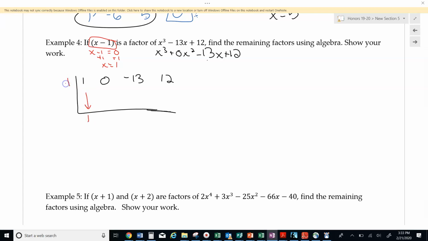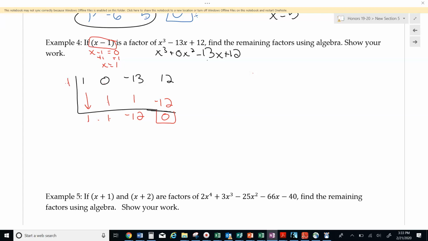One times 1 is 1. 0 plus 1 is 1. 1 times 1 is 1. -13 plus 1 is -12. 1 times -12 is -12. And we do get 0 there. Okay.